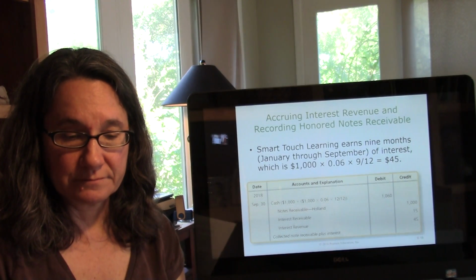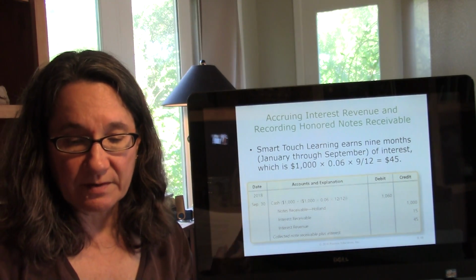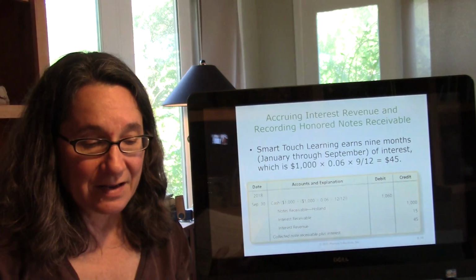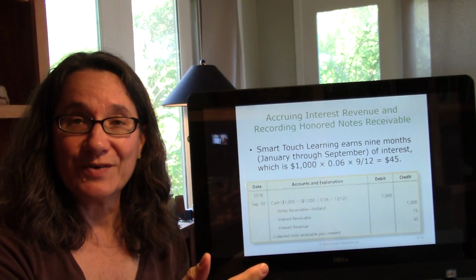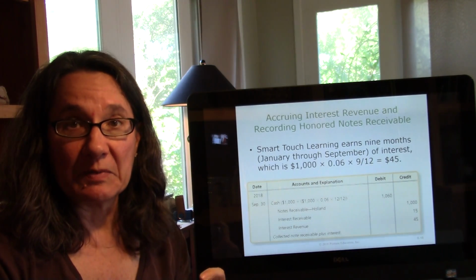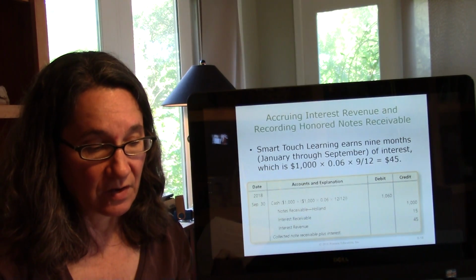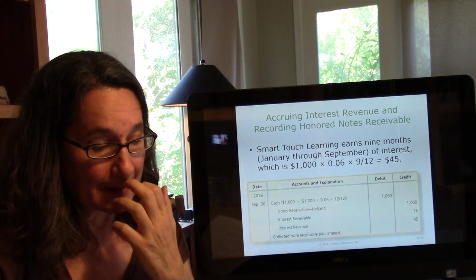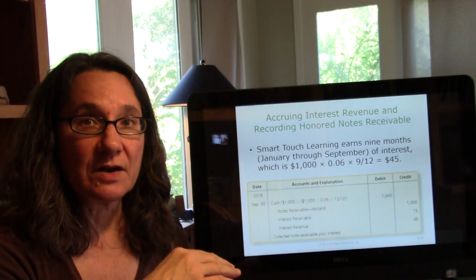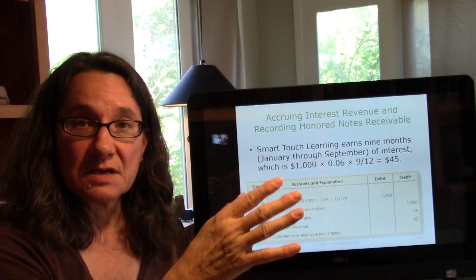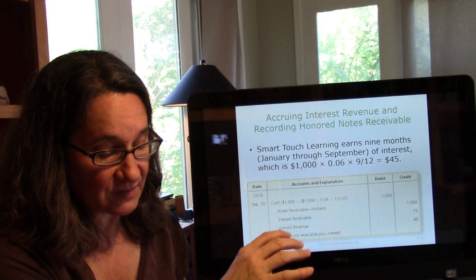Now, at some point, hopefully, they're going to pay you, right? Because that's the whole point. You gave them a note, and you wanted them to pay it back plus interest. So what does it look like when they do that? Well, it earns 9 months. That note was for a year, and it started at the end of September.